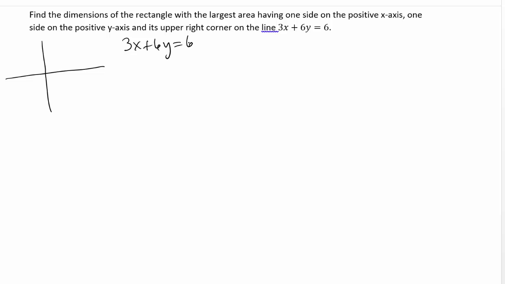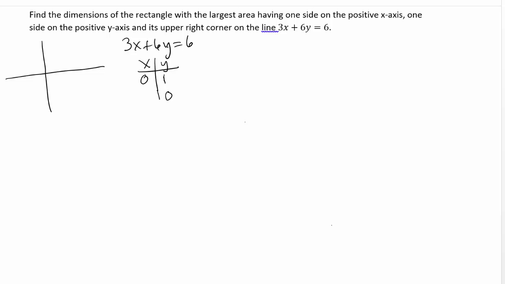So it might be helpful to graph that line so we can visualize what's going on. And when I see a line that's in this kind of standard form, my easiest way of graphing it is just to find the zeros. You can do that a different way. If you prefer to find the slope, that's fine too, but I'm just going to plug in my zeros. So if I let x be 0, this whole term goes away, and 6y equals 6 when y is 1.